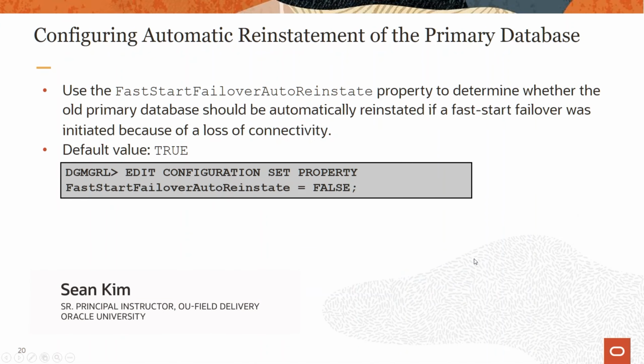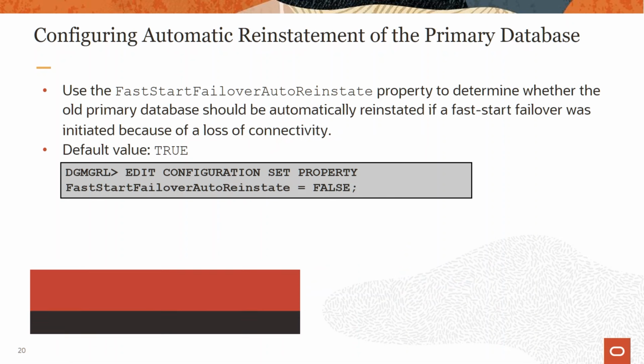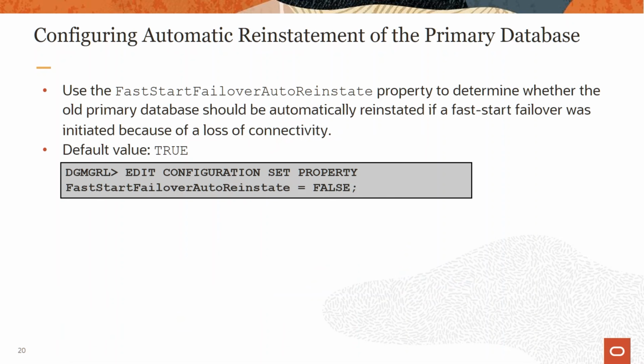So in order to use this feature, you can set fast start failover auto reinstate. The default value is true, meaning that as long as your standby database is in a mount state, then internally flashback database is applied.